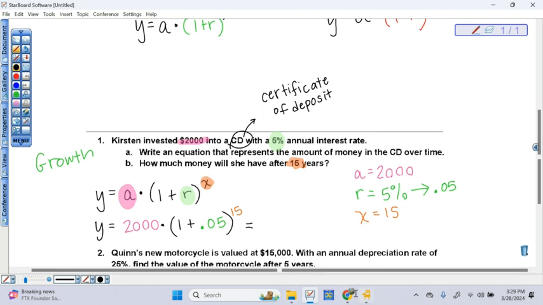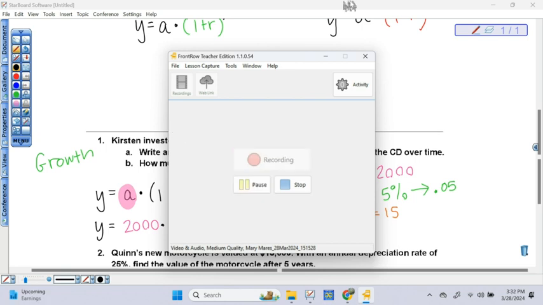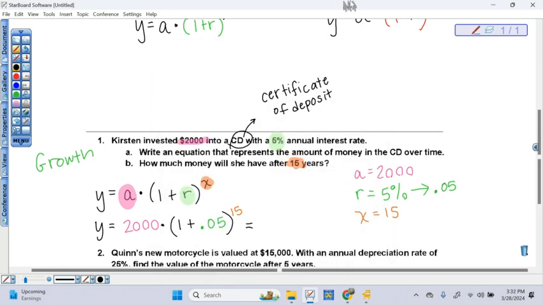I'm going to come around and check your answer and make sure you know how to put it in the calculator. All right, so what do we get when we plug that in the calculator? Perfect. Good job.